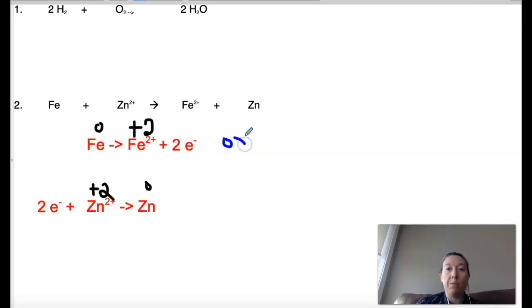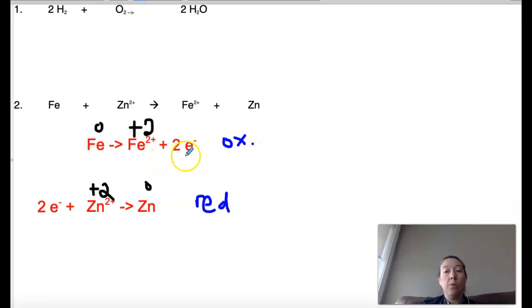So this must be my oxidation half reaction, which means this one must be my reduction, which it is because the electrons are on the reactant side, which means we gained electrons. So this is the side where we have our reduction. Right, so red, ox, or redox. One's reduction, one's oxidation. Our electrons are on opposite sides. That is a good thing. They are the same number, so we should be good to go.